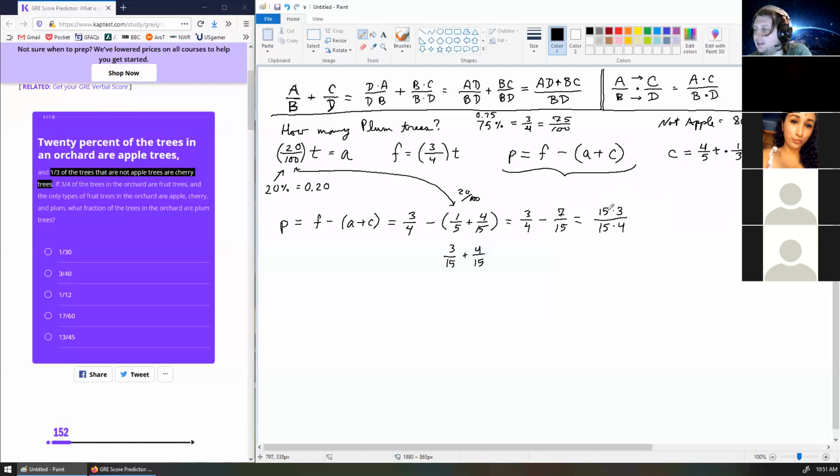So we have 15 times 3 and 4 over here, and we have 4 times 7 over 4 times 15. That gets us 60 in the denominator on both sides.